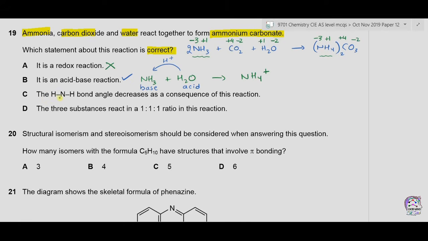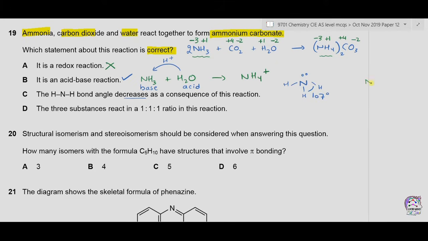In C, the H-N-H bond angle decreases as a consequence of this reaction. We have two nitrogen compounds, one is NH3. In NH3 there are 3 hydrogen atoms and one lone pair of electrons, and the bond angle is 107 degrees.